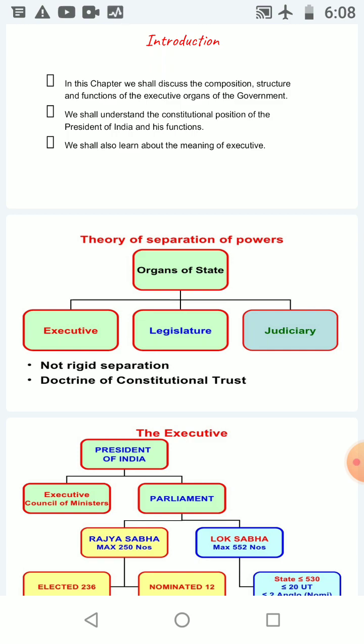These are the three organs of state: executive, legislature, judiciary. So, these are the main three organs of the government. These are independent organs and do not interfere with one another's functions. But this separation is not rigid, and it is also a doctrine of constitutional trust.